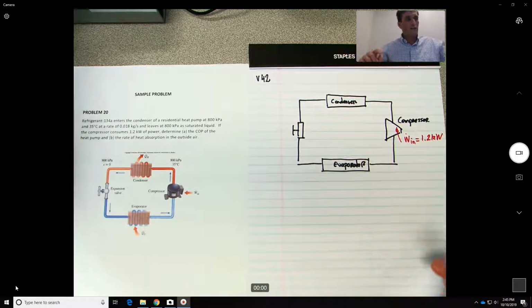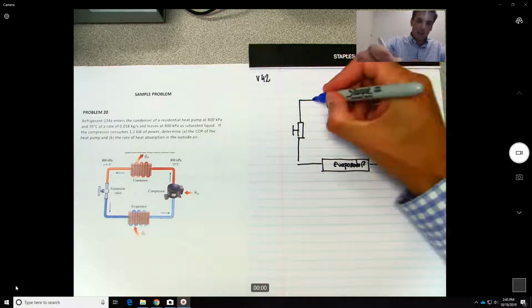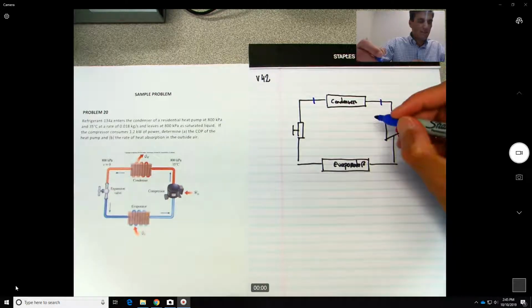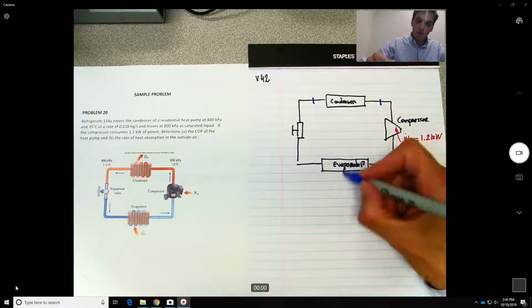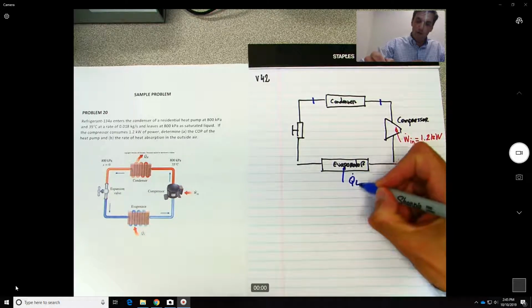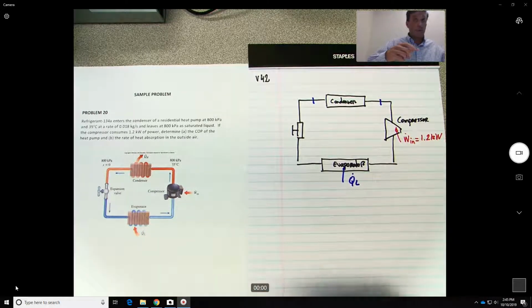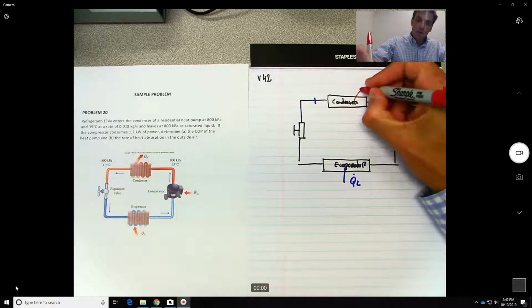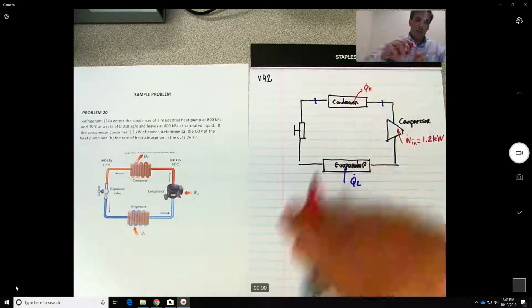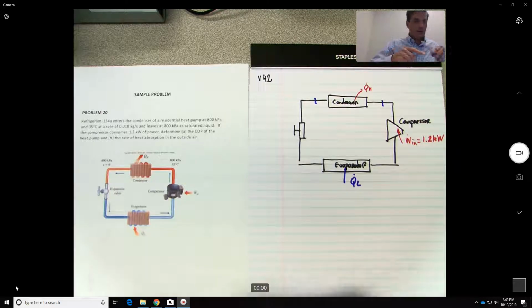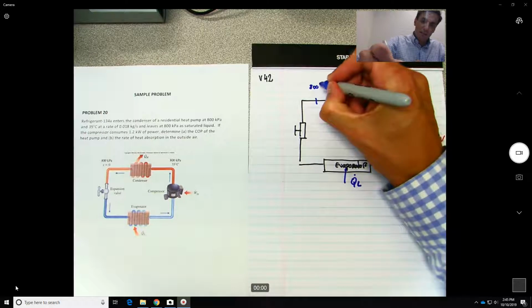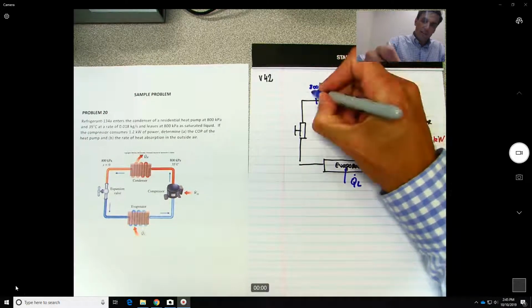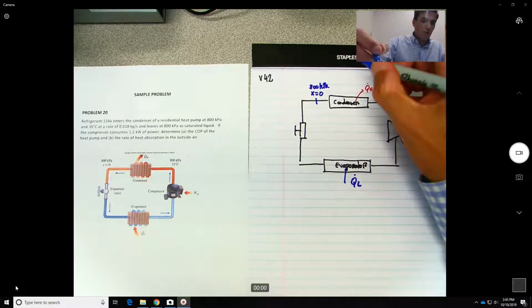What else do we know from the problem? Let's do here Q sub low. Let's do on this side Q hot. And then let's see what do we know here. We know the pressure is 800 kilopascals with a quality of 0.